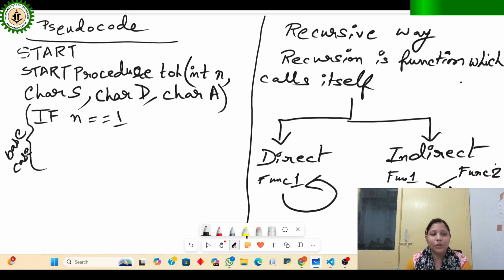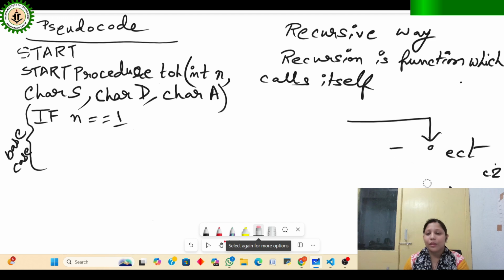If the function hits that case, then it will get terminated. Here, if n equal to 1, that means if this gets to 1, this will be the terminating case for the Tower of Hanoi function. So, this is the base case.